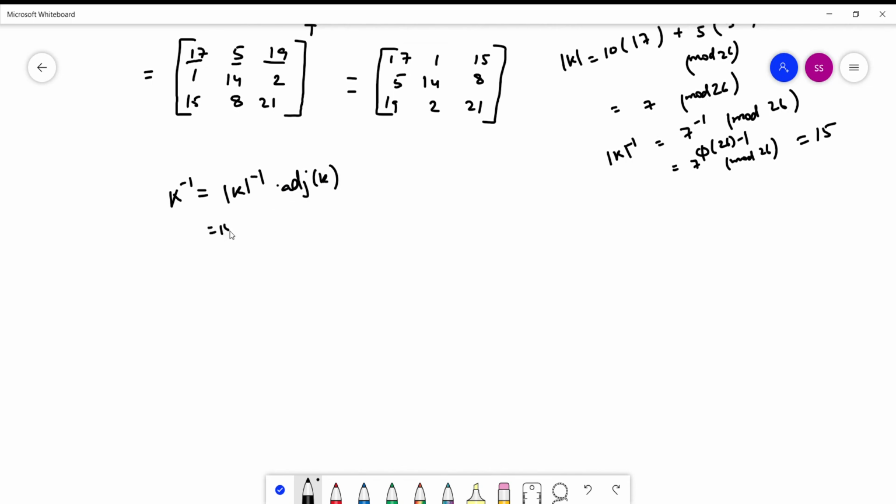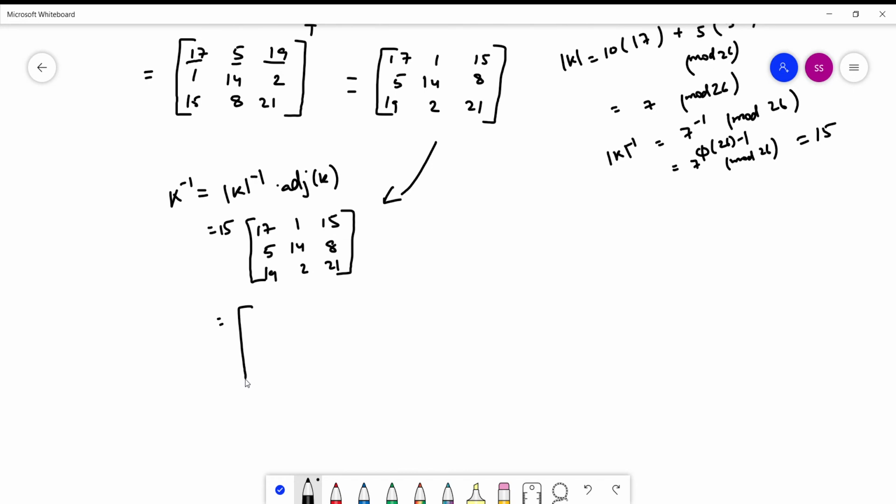Okay, so this is equal to 15 into the value of adjoint of k, that is 17, 1, 15, 5, 14, 8, 19, 2, 21. This is the value I'm getting from here. I've already found adjoint of k, I'm using it here. So it's a scalar multiplication, so every element will be multiplied by 15.